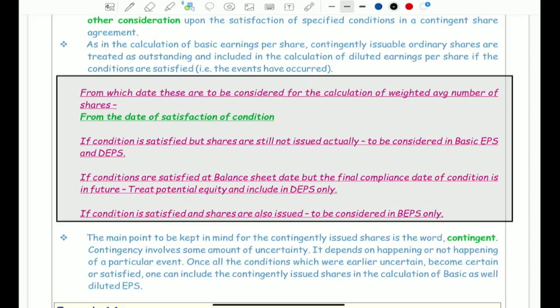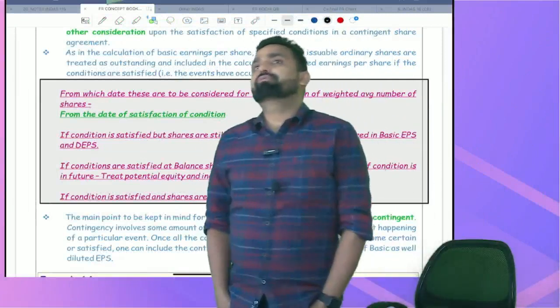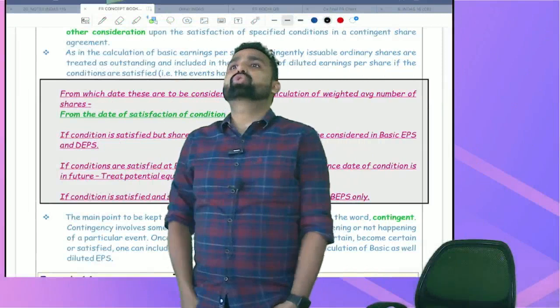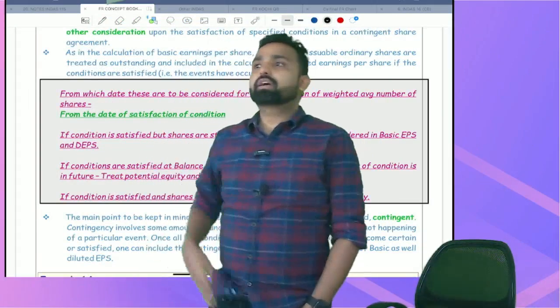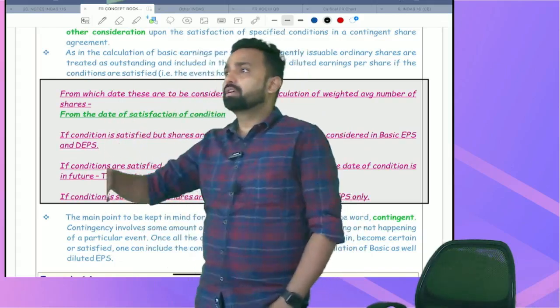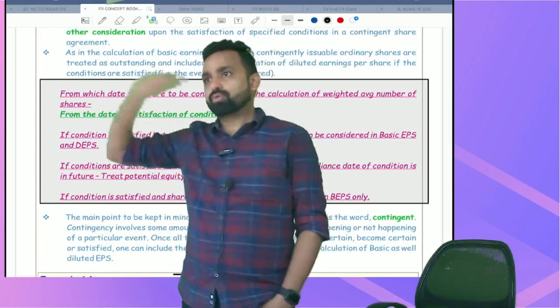I told you that if you are my employee, I will issue you shares in the future subject to the condition that next year in the same month July my share price should be 600 or more.